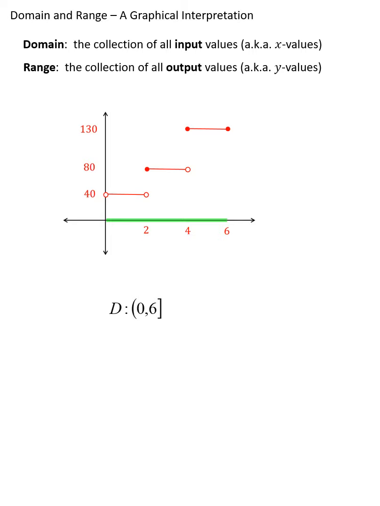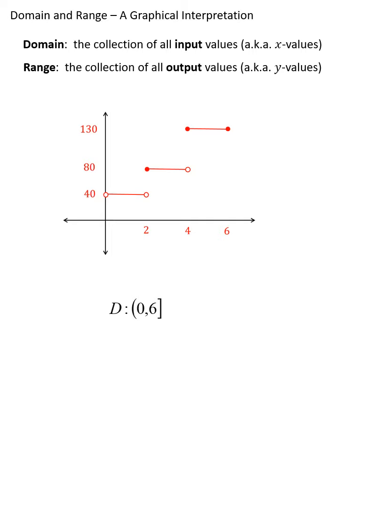You'll notice the open circle on the far left side of the graph means that this graph does not contain the point 0, 40. In terms of your job, in terms of that example, if that were part of this, that would mean that you don't get any pay. There's no issue of pay if you work 0 hours.